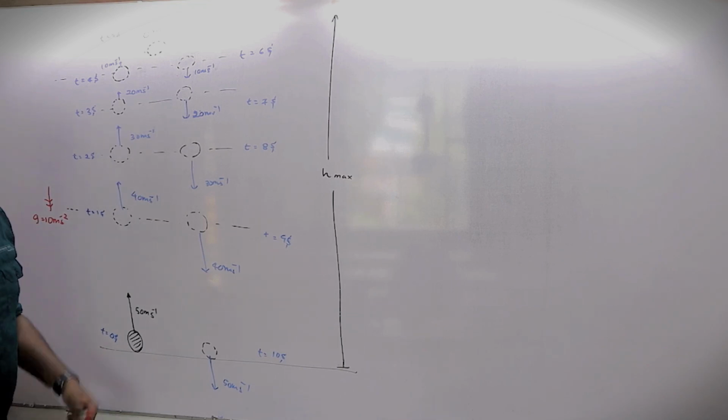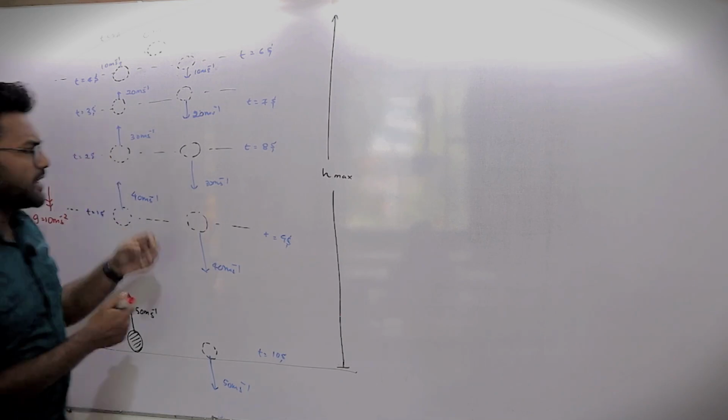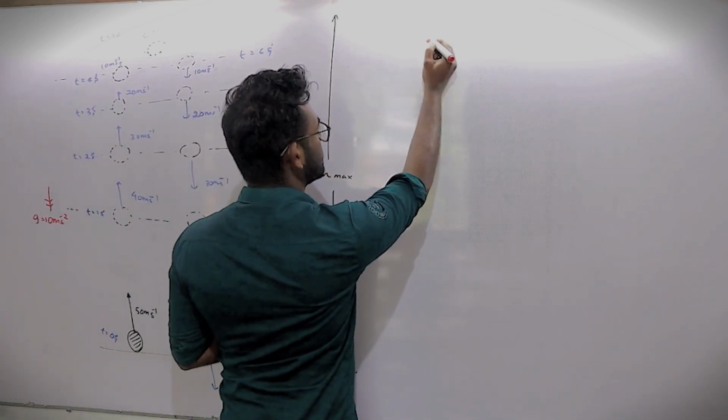Finished? Great. So there are properties and we write them. We write in point wise, right? First point.